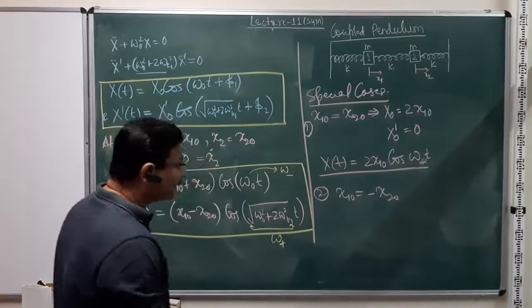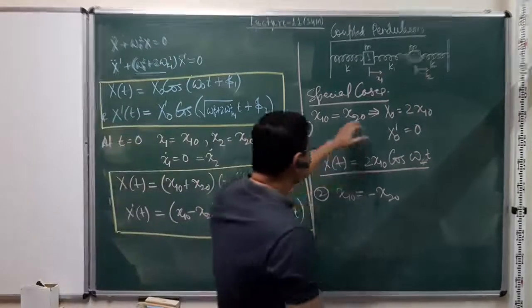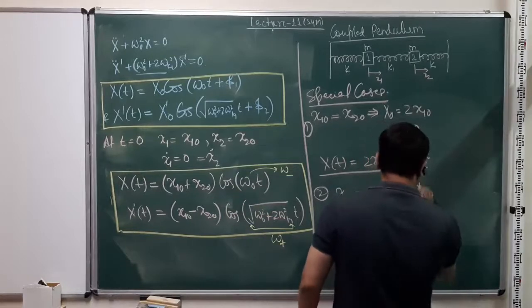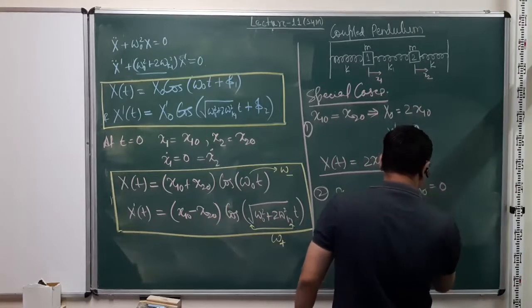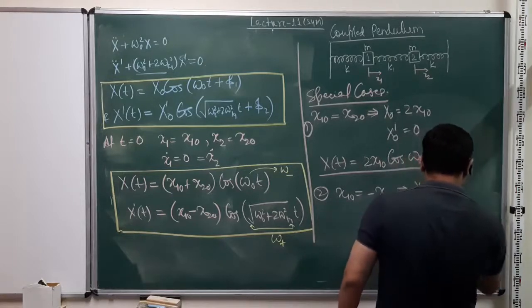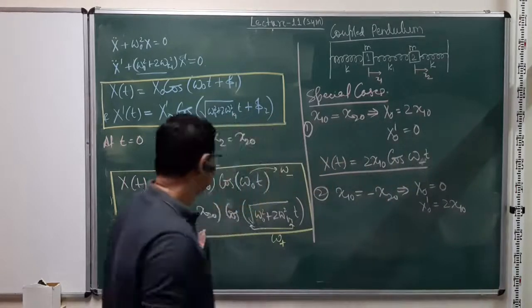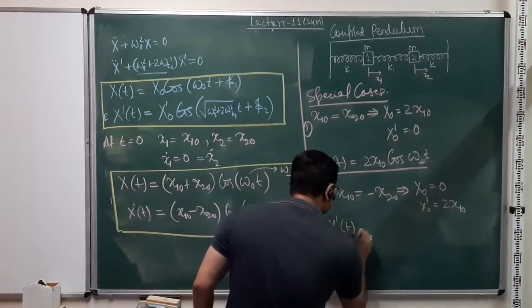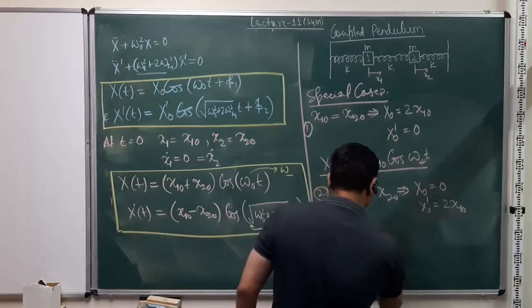If that is the case, then in that case my x0 is 0 and x0 prime is nothing but 2x10.